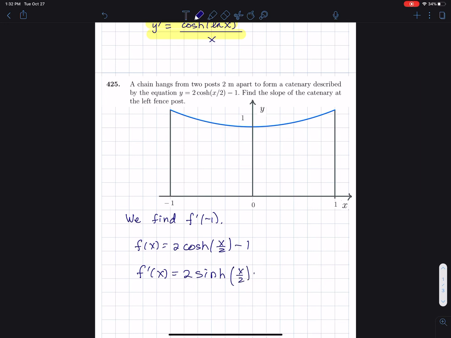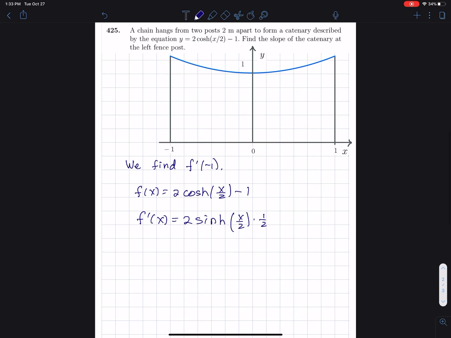Then we multiply by the derivative of what's inside, the derivative of x over 2. That's the same thing as taking the derivative of 1/2 x, so that will be 1/2. Minus 1: the derivative of minus 1 is 0. So we get f prime of x is 2, well, hold on.